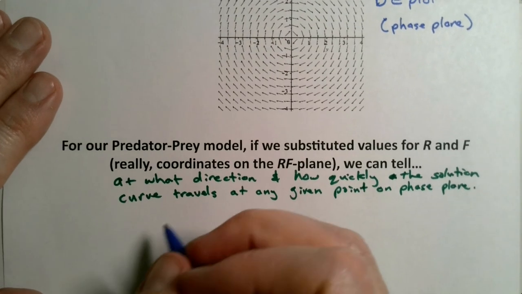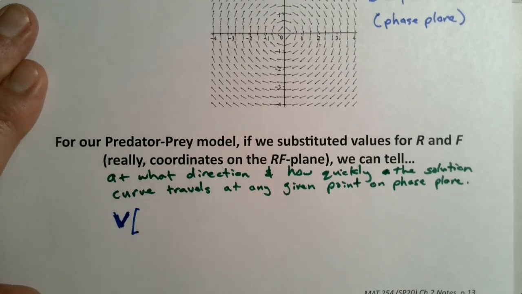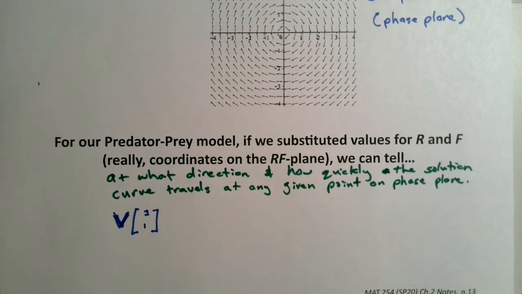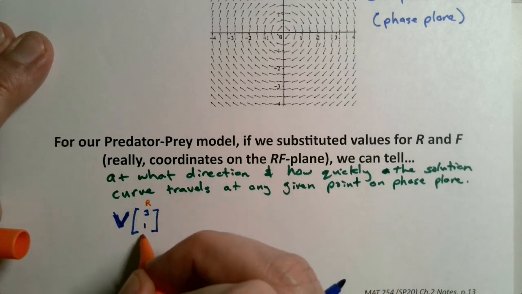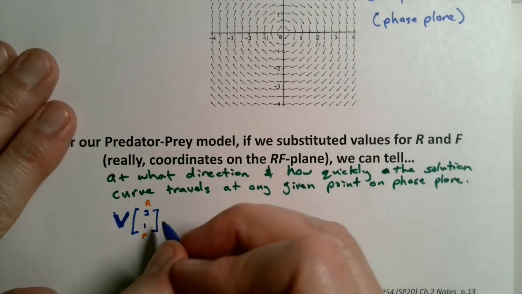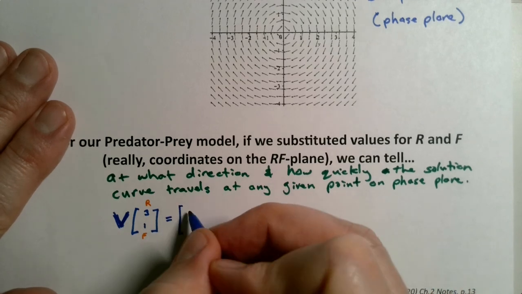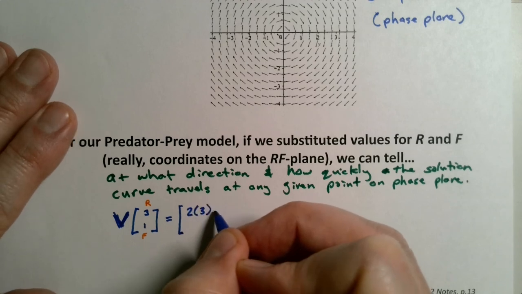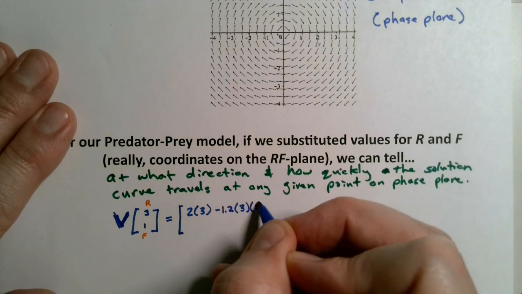And if you remember, the vector field, we usually write it with some kind of bold-faced V, and I'm going to give it the coordinates 3, 1. So on my phase plane, you can think of this as being the R value, the rabbits, and that's the F value, the foxes. And if you remember correctly, our equation, flipping back a couple of pages, in the top is going to be 2 times the R value, so 2 times 3, minus 1.2 times the rabbit value, 3, times the fox value, which would be 1.